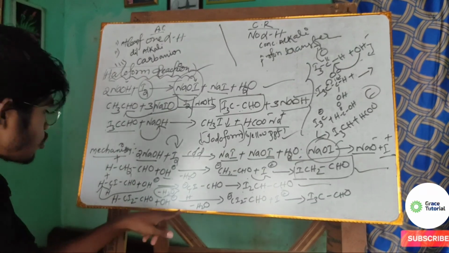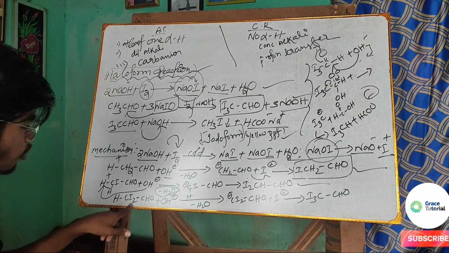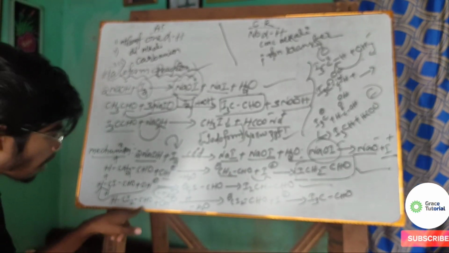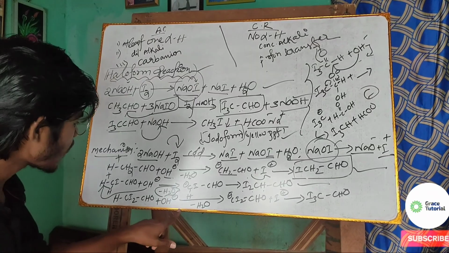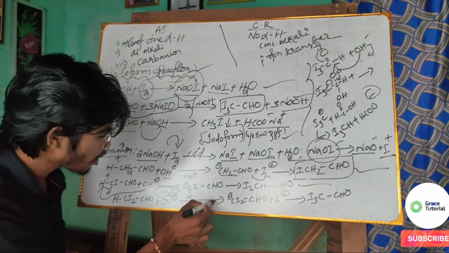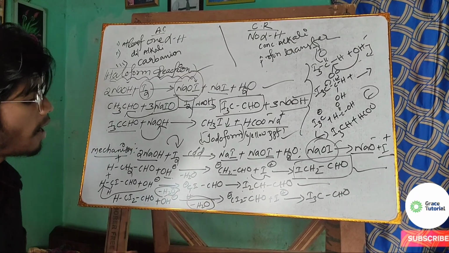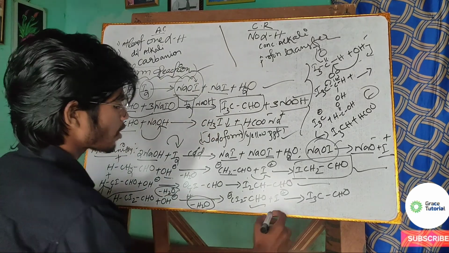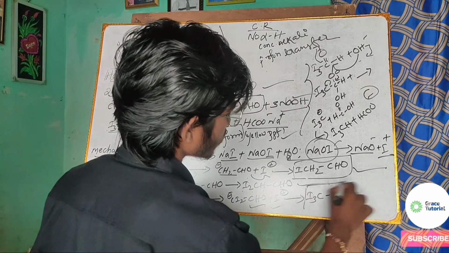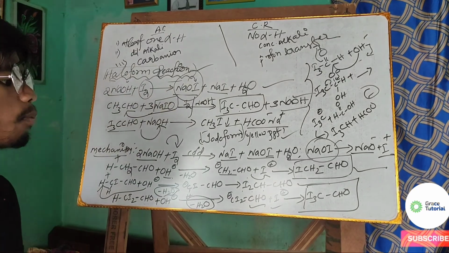This I2CHCHO again reacts with hydroxide ion, OH minus, with the elimination of a water molecule, and finally the product is obtained, that is I3C-CHO.